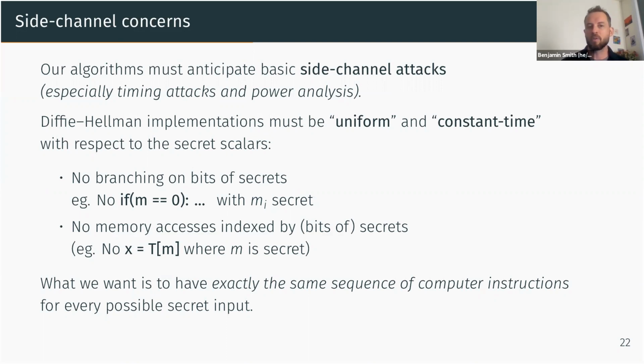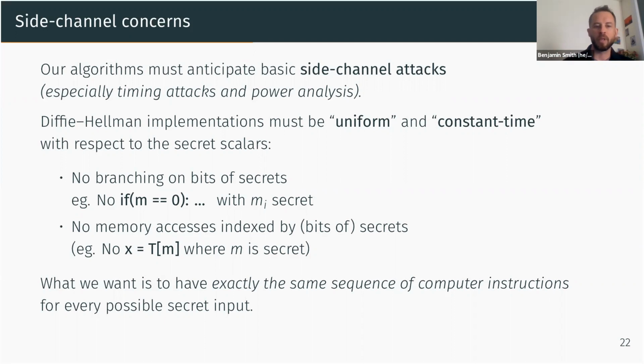So what we need to do is come up with algorithms that are uniform and constant time, basically where, when the scalars are secret, you're never branching on their bits. You're never branching on any function of a secret scalar. So there are no if statements, no conditional code based on these things. And you're not allowed to have any memory accesses indexed by secret bits either.